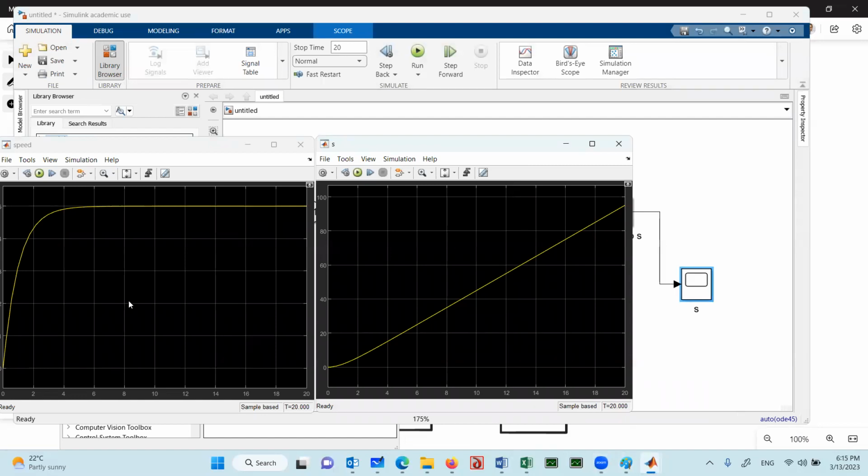So here, the velocity becomes constant, but distance not, it looks linear here. So this way you can find the integration. Okay, this is just a simple case. I think this will be helpful for you to start with Simulink.